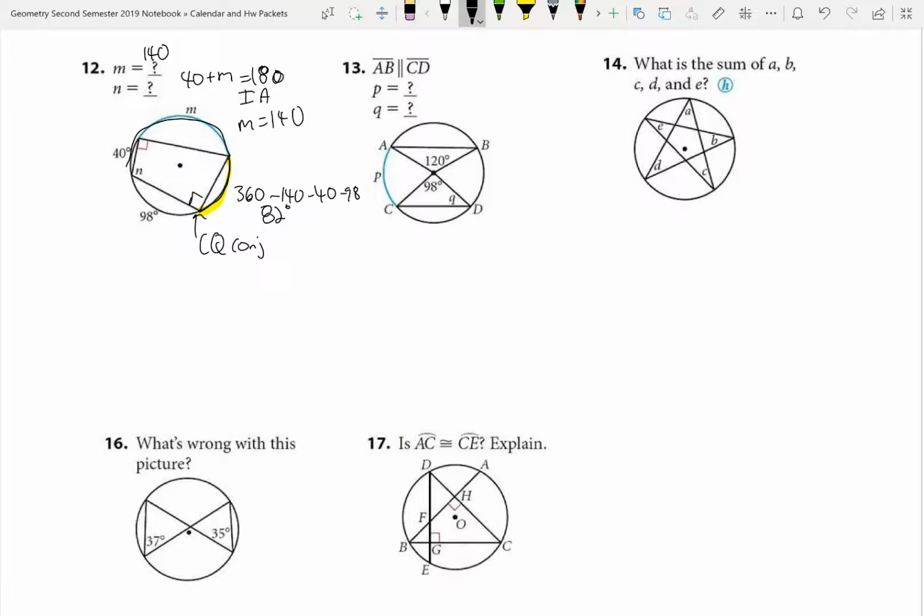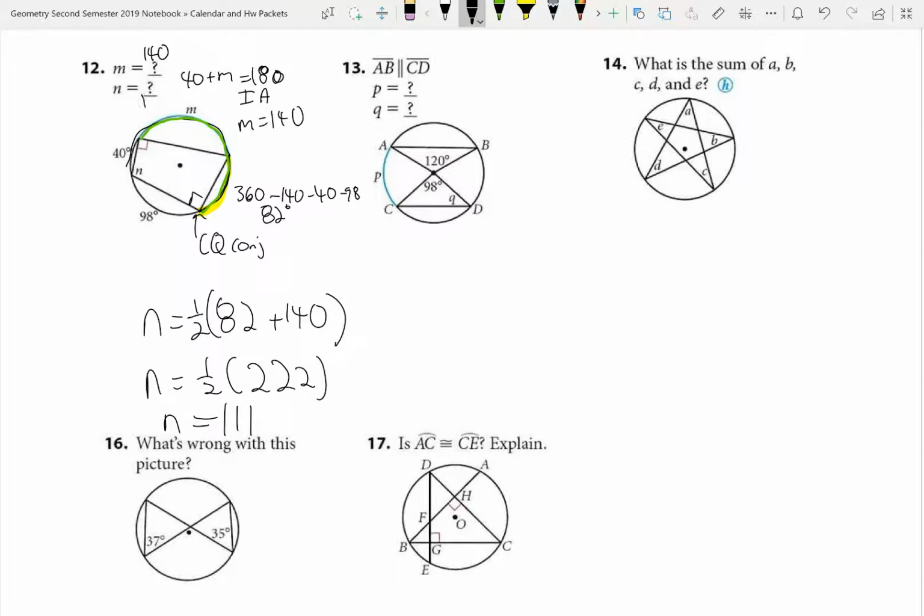And so that's going to mean that n will be 82 plus 140, right? But let's see here. The inscribed angle is half the measure of the intercepted arc. So the inscribed angle n is half the measure of this intercepted arc right here. Right? And so that's going to be 1/2 times 222, which is 111 degrees.